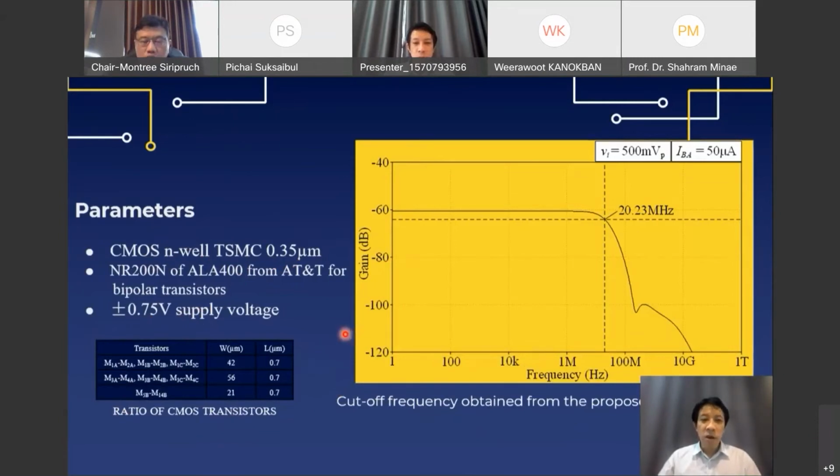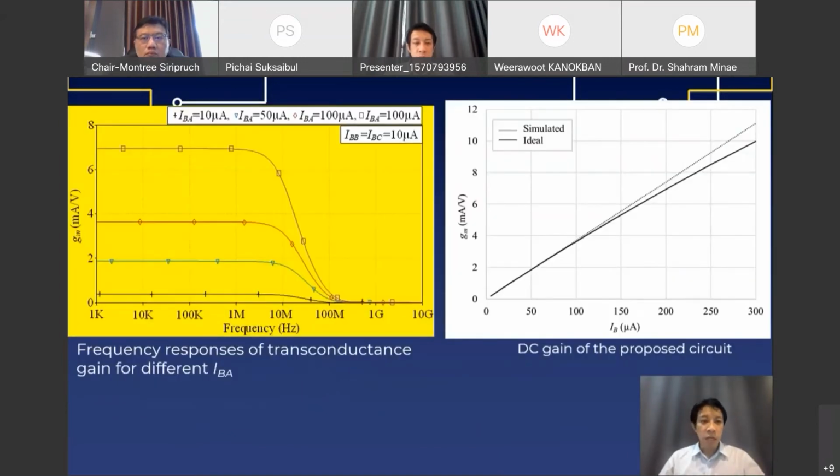The first result shows the cutoff frequency of the proposed circuit, showing that the circuit can be operated up to about 20.25 MHz. The left side shows the frequency response of transconductance gain for different IB, and the right side shows the DC gain of the proposed circuit.